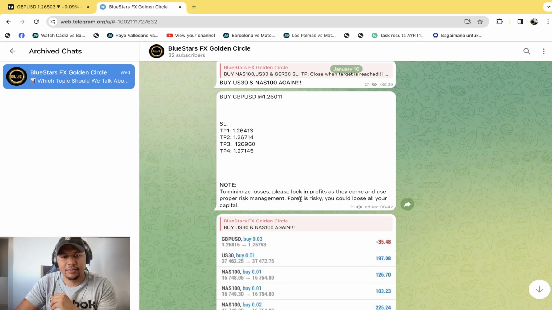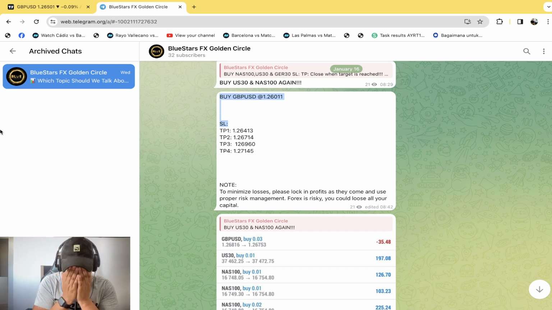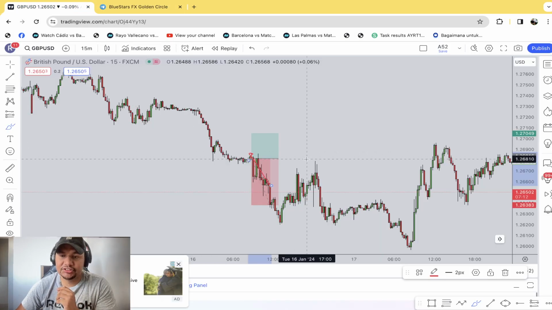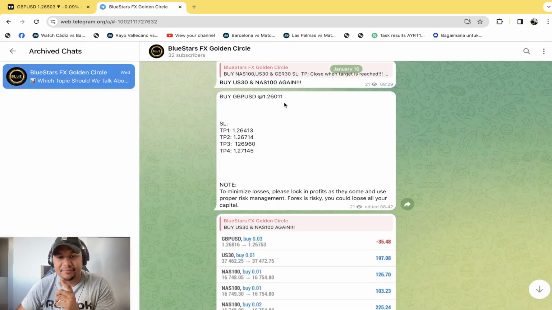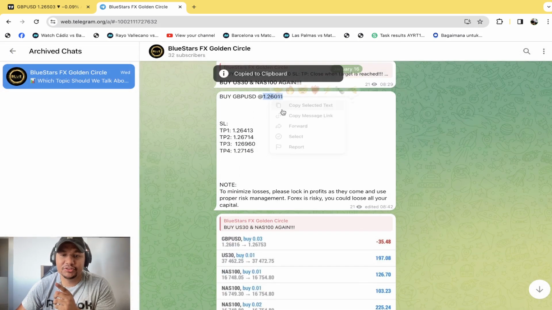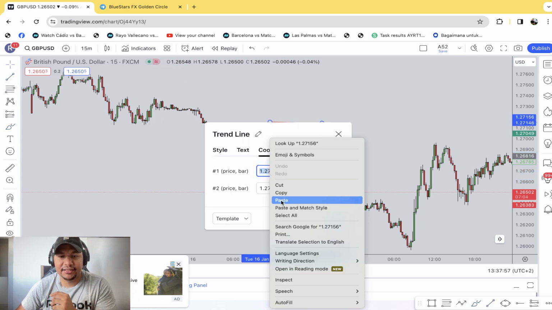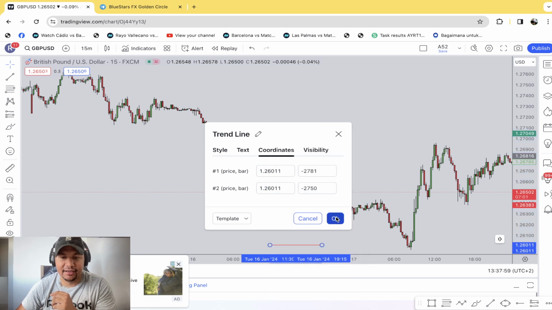Now I'm going to tell you what the problem is. Here you have no stop loss, right? Again, no stop loss is a bad way to trade, really, a very bad way to trade. Now here you can see is the signal 126816, no? 126816, but the price here 126011 is located somewhere here.